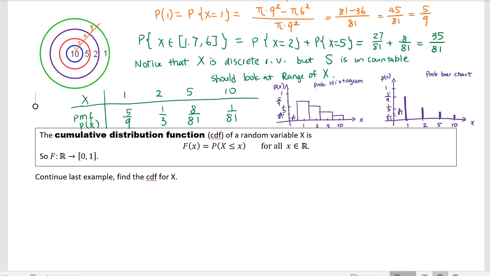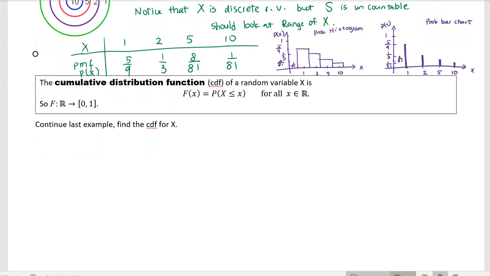So F of x equals the probability of X less than or equal to x. So it is cumulative: not only x, also the previous values, we also add those probabilities. So F is a function from the real numbers to the interval 0, 1. Continuing with the last example, find the CDF for x.